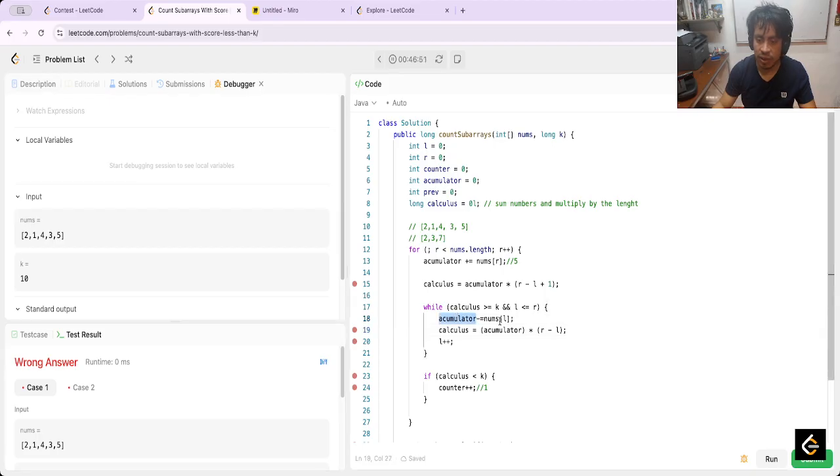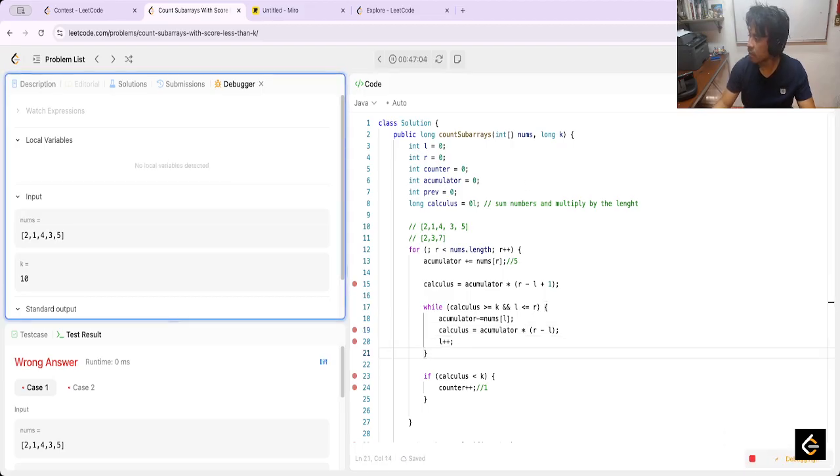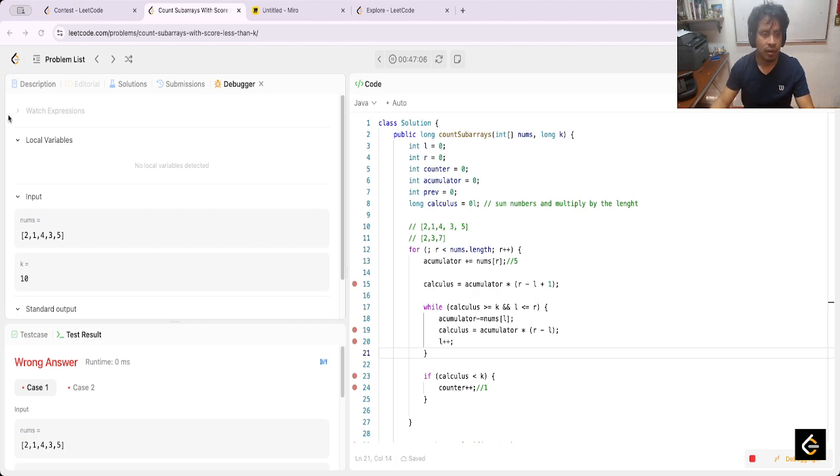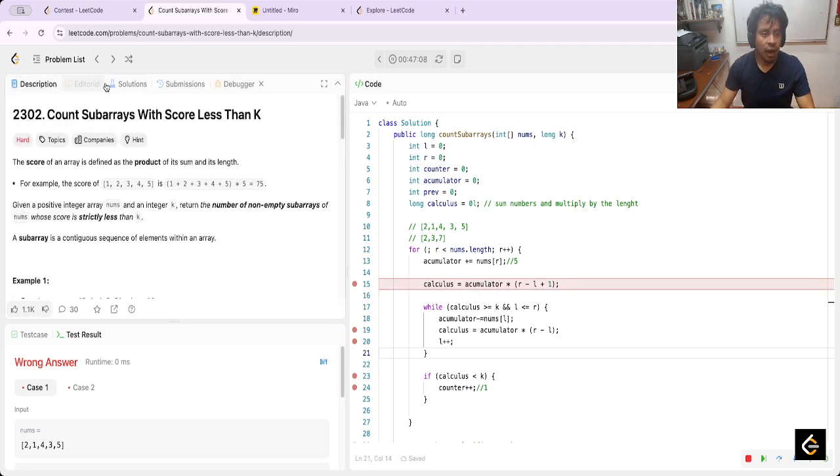Accumulator less equal nums in the position L. I am reducing, and calculus multiply by this. Next is now... one moment, I need to check something. One moment.